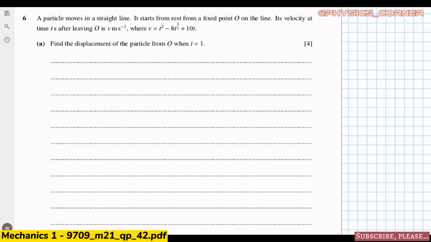we use x here. This is integrate from a to b of velocity in terms of t, or integrate from 0 to 1. The velocity equation is t squared minus 8t power 3 over 2 plus 10t, dt.